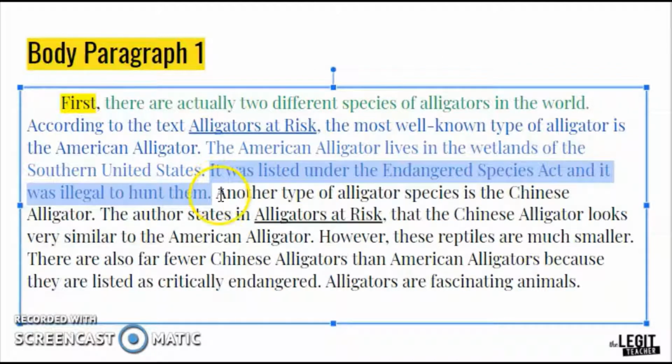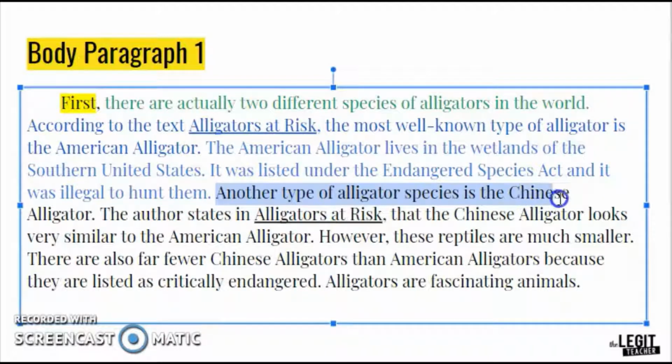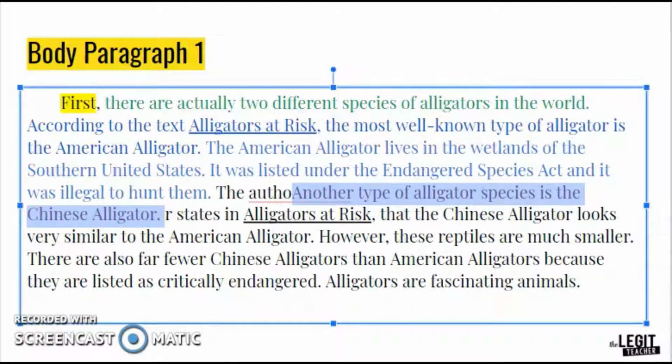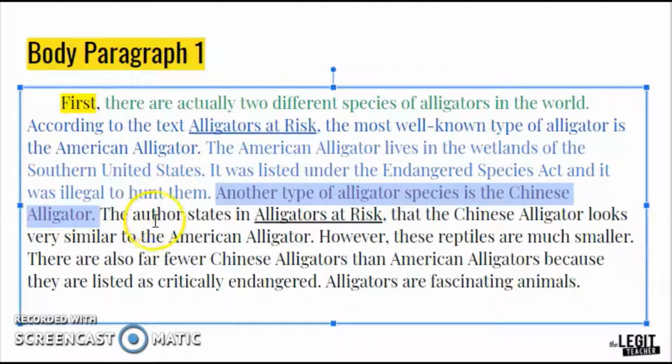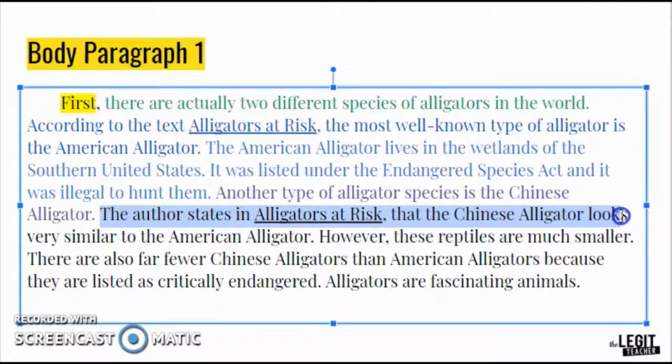Now I'm ready to check my sentences about B. Another type of alligator species is the Chinese alligator. Let's color code this purple. The author, let's undo that. There we go. The author states in Alligators at Risk that the Chinese alligator looks very similar to the American alligator. We're color coding it purple.